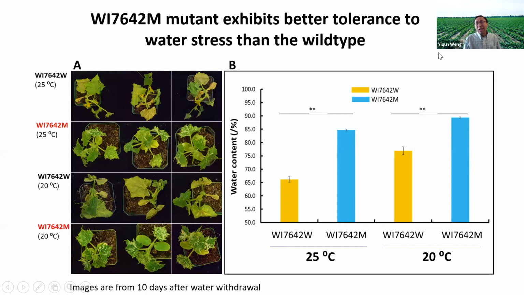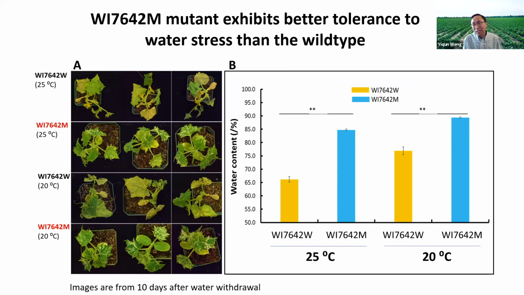Accidentally, we also found that this mutant had better tolerance to water stress, because a graduate student forgot to water the plants in the greenhouse, and a few days later found that the mutant seedlings still looked happy even under very severe water stress.